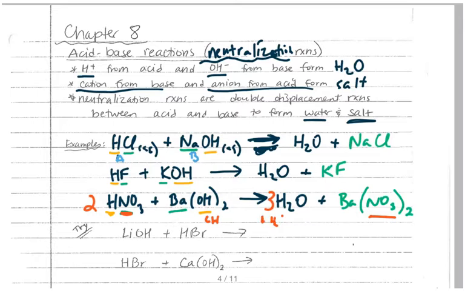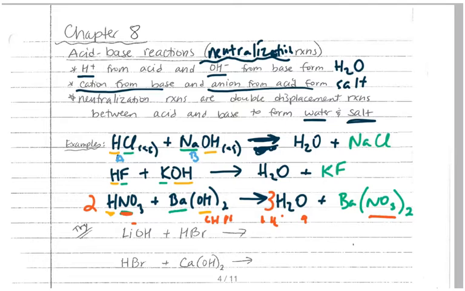And now let's check our oxygens. We've got 2 times 3 is 6, plus 2 is 8 oxygens on the reactant side, and we've got 3 plus 6 is 9 on the product side. So I'm not balanced.